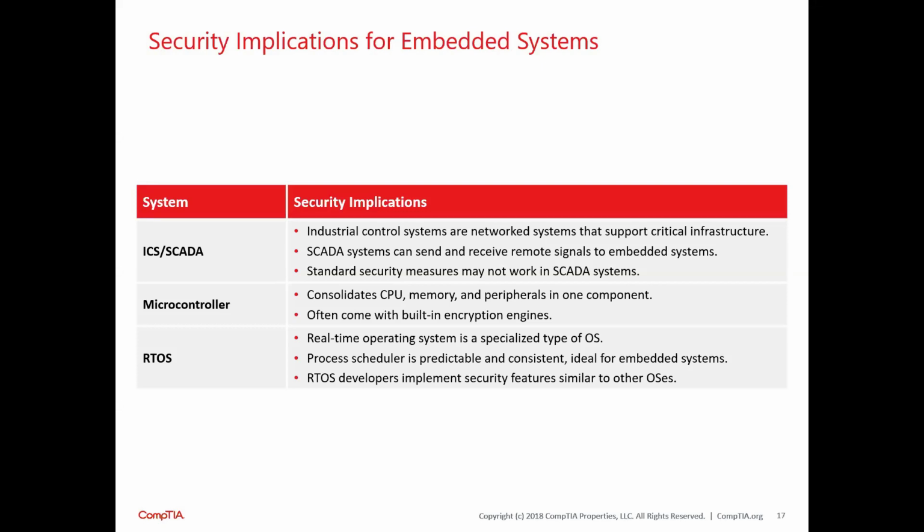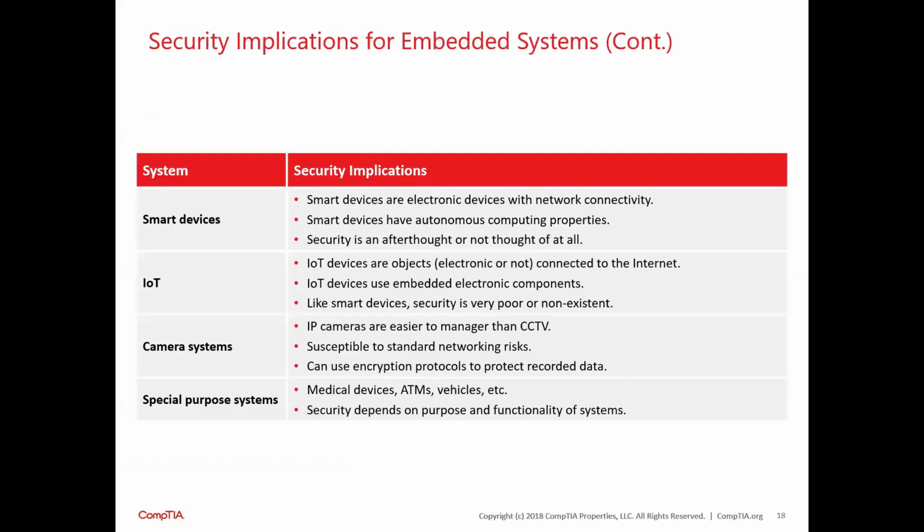Then we have the microcontroller, which consolidates CPU, memory, and peripherals in one component. Then RTOS, the real-time operating system, a specialized type of operating system. I haven't really seen RTOS, so I can't really tell you much about that. Now we also have smart devices, with network connectivity, electronic devices with autonomous computing properties, like your TV.